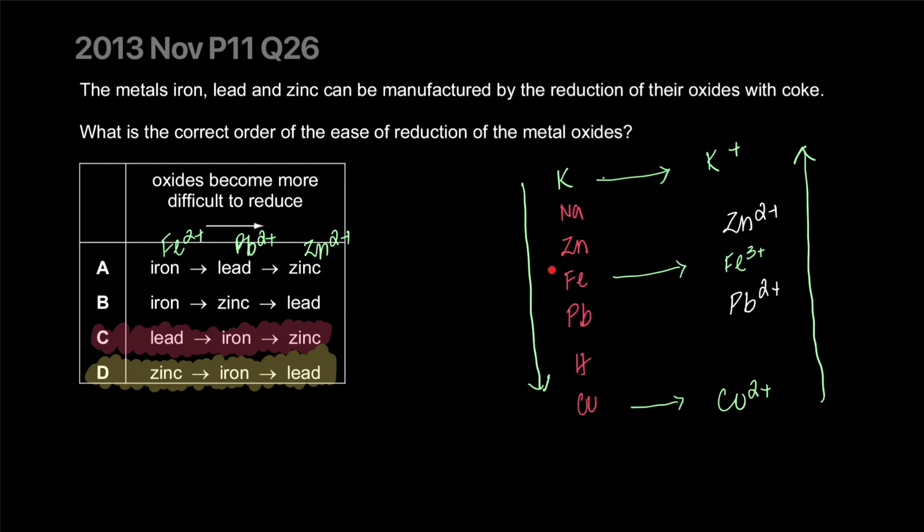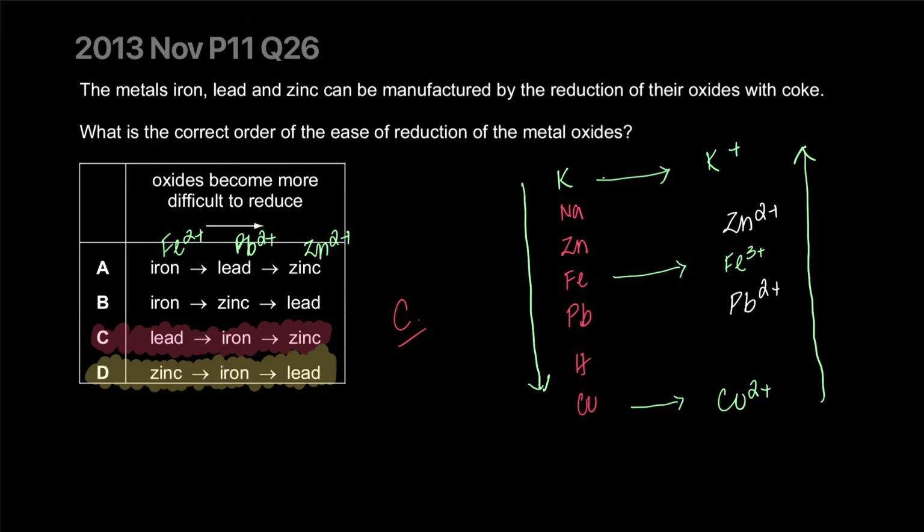So reactivity is decreasing, which means the difficulty is increasing as you go down. The difficulty is also increasing as you go up. So lead is the easiest to turn back into a metal out of the three, where zinc is the hardest. So C makes a lot of sense.